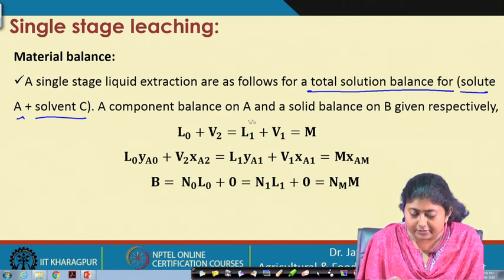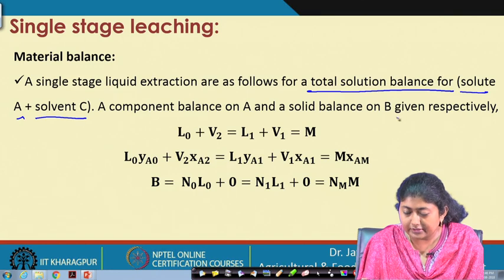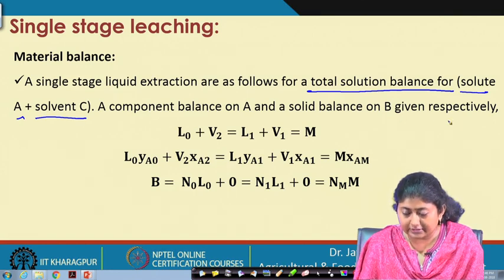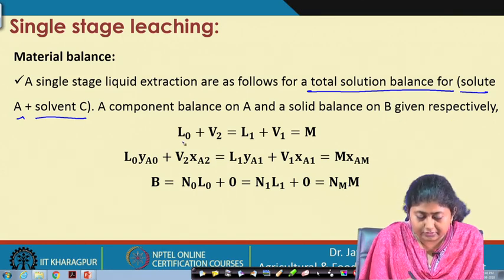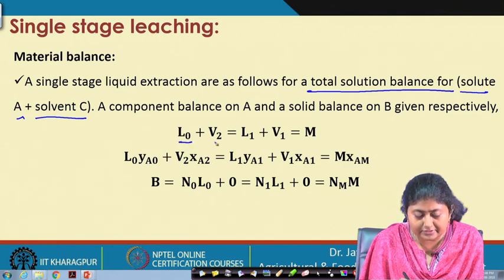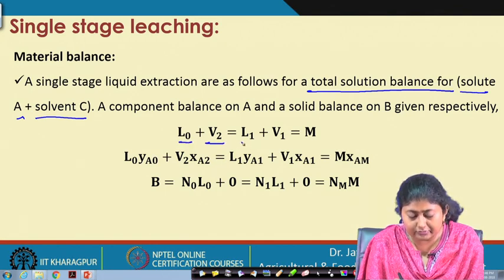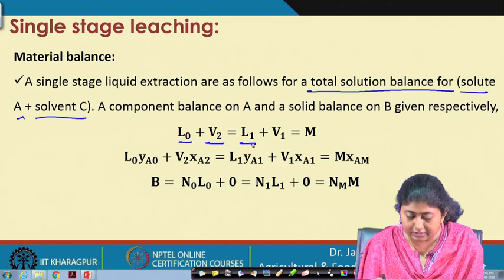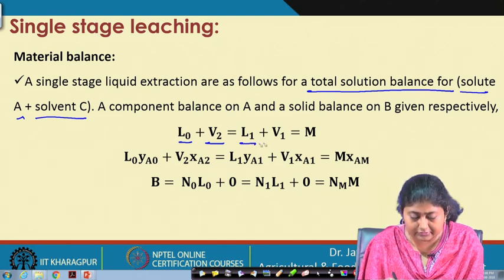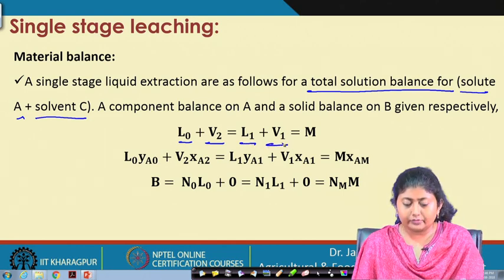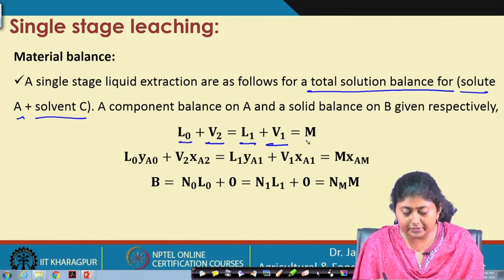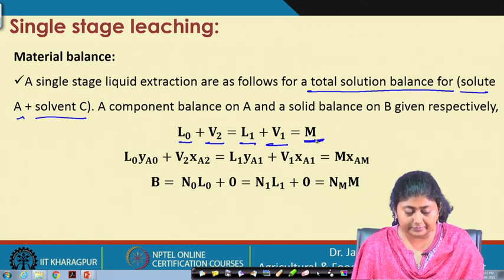A component balance on A and a solid balance on B can be given respectively. The total balance will be L 0, that is the feed stream, plus V 2, the solvent, equal to L 1, the feed slurry that is outgoing or the underflow, plus V 1, which is the overflow. So this will be M and this will be constant.